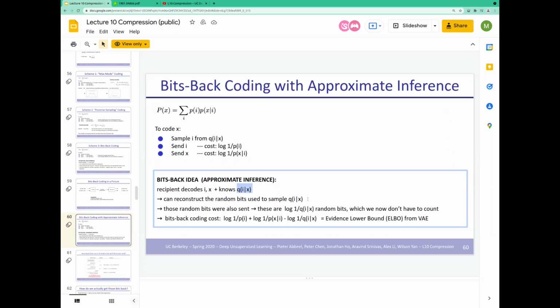So you can reconstruct the random bits just like we did before. Okay, and then it's the same thing, the log 1 over qi of x random bits were sent.